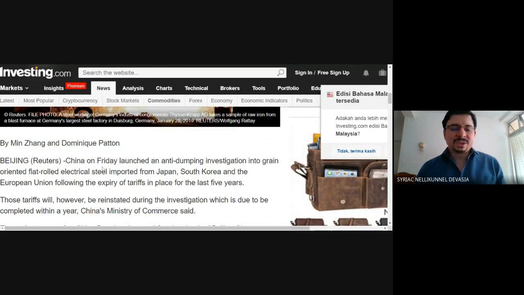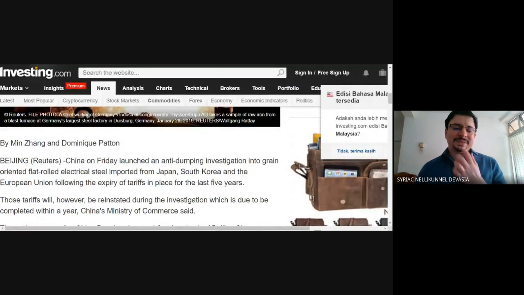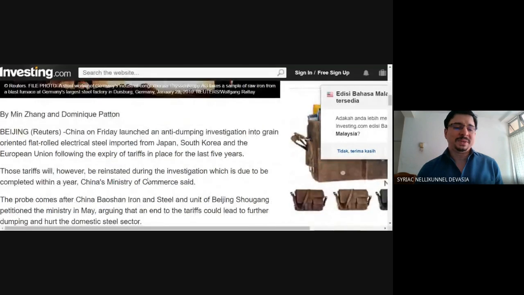China launched an anti-dumping investigation into grain-oriented flat-rolled electrical steel imported from Japan, South Korea, and European Union following an expiry of tariffs in place for the last 5 years. So there's another case on steel products. This time China is filing a case against Japan, South Korea, and European Union.